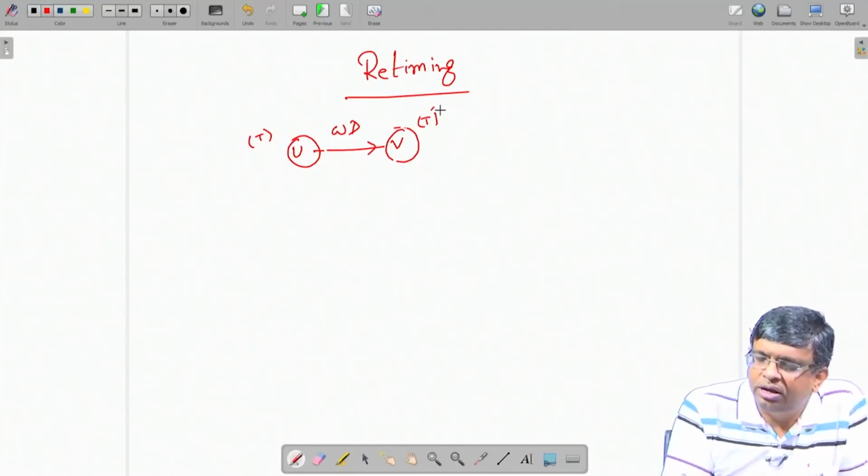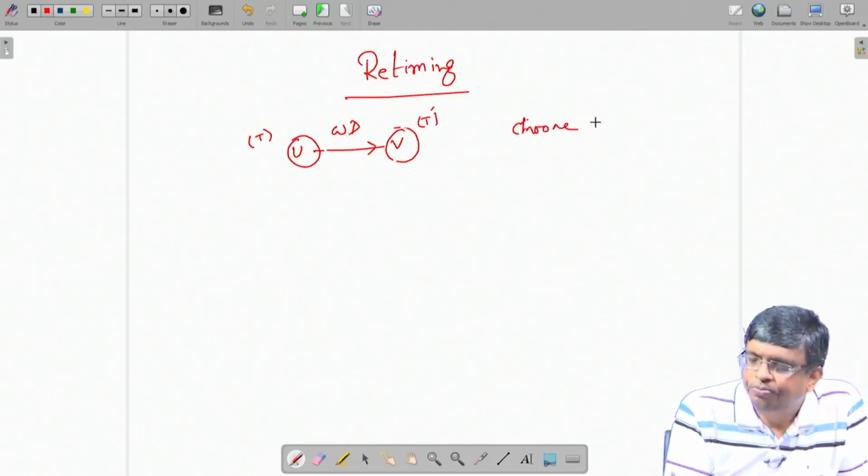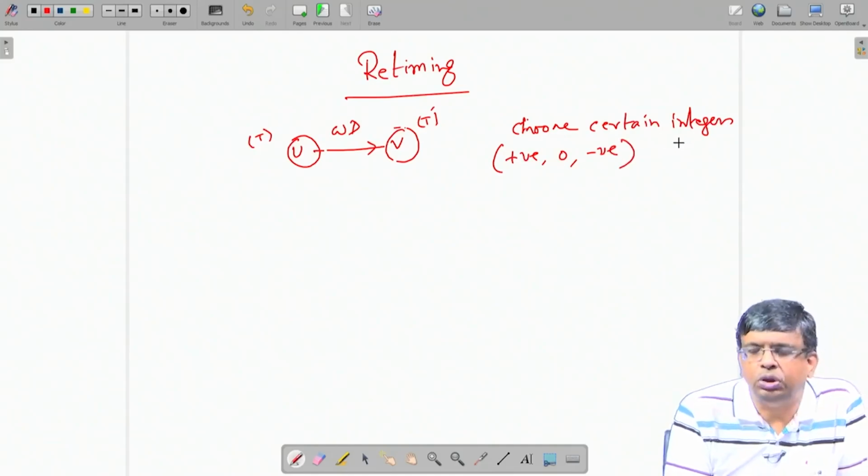Retiming theorem says that choose integers. It can be positive, 0 or negative, but this is purely your choice.